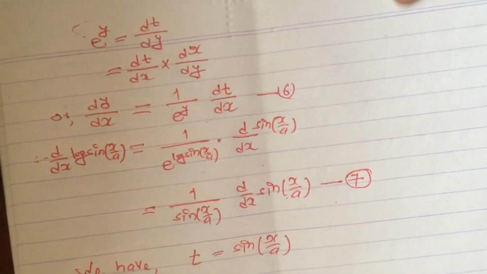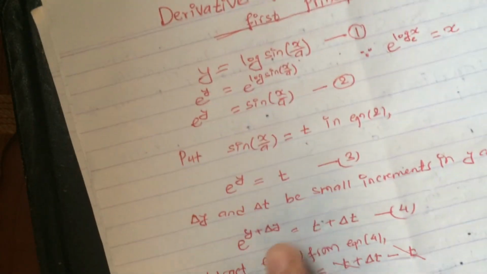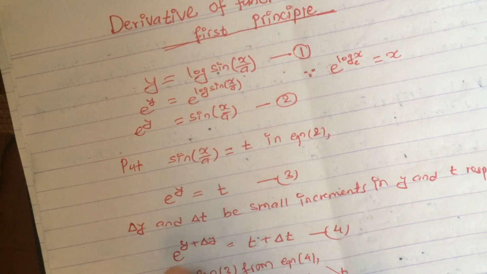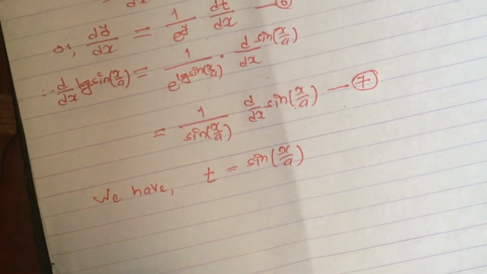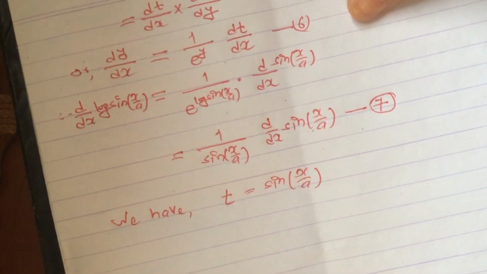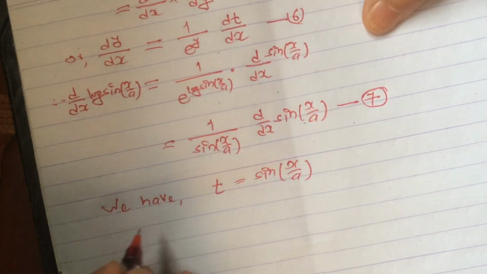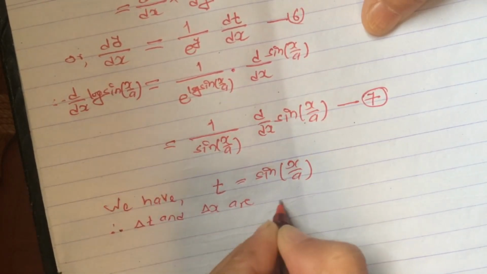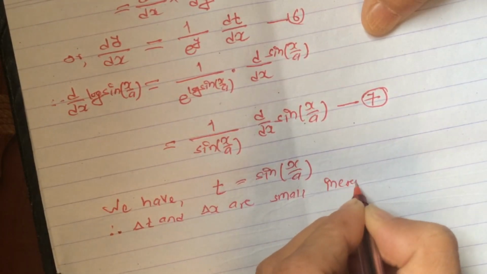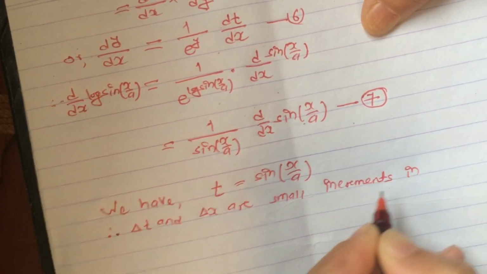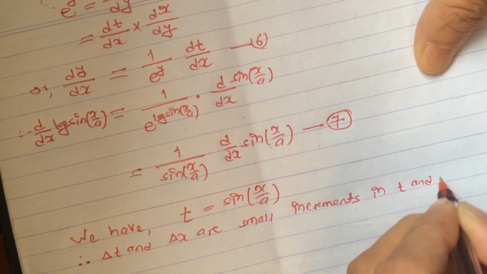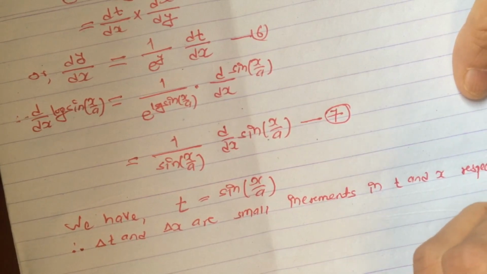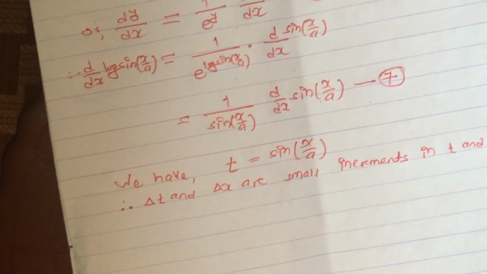Similarly, as we did in case of y and t in equation 3, where del y and del t are small increments, here we have to consider del t and del x as small increments in t and x respectively.